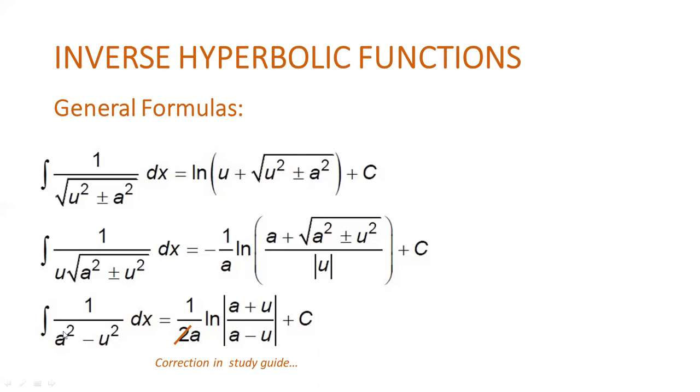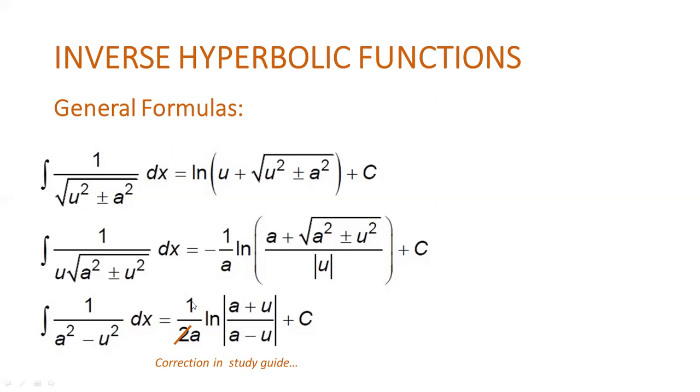So take note, this is not 1, because if this had been 1, this would be inverse hyperbolic tangent. But since it's not 1, it's called the logarithmic function. The natural logarithmic function is your integral for such an expression. There's a correction in the study guide that some of you probably have already read, so there's no 2 in here.